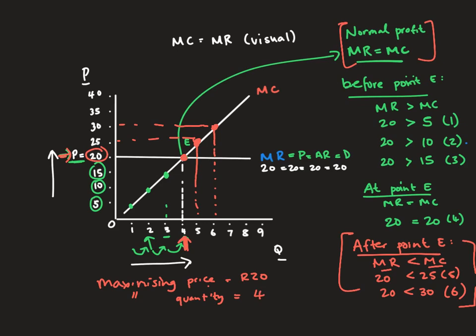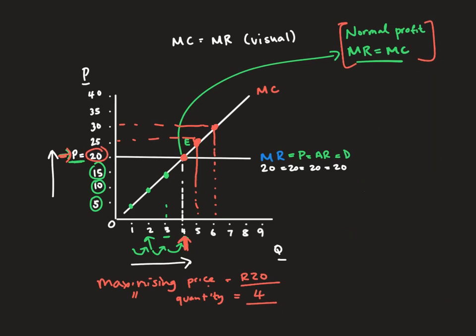So the maximizing price is 20, and the best amount of units that need to be produced is 4, not going beyond that, because that's when our costs start rising. A better way to understand why MR is equal to MC is that beyond point 4, our marginal costs start rising, and nobody would buy that quantity of product being produced.